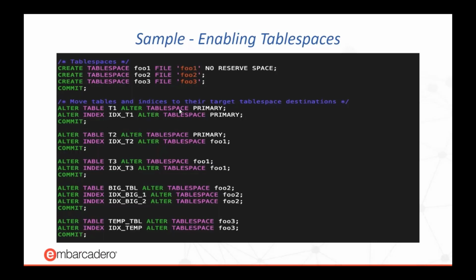Every table, of course, can define a table space where they go to. If you do not specify a table space for an index, it will automatically go to the table space where the table resides. So primary key definitions will have index definitions that automatically go to the same table space where the table resides.